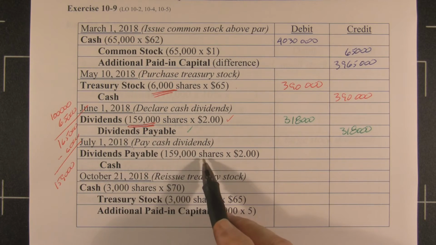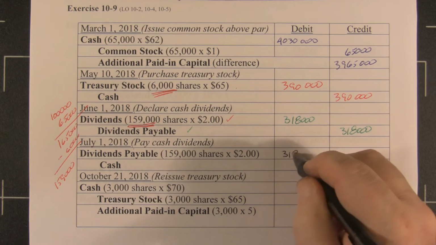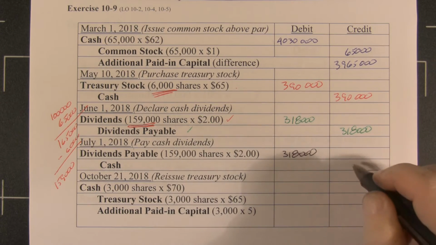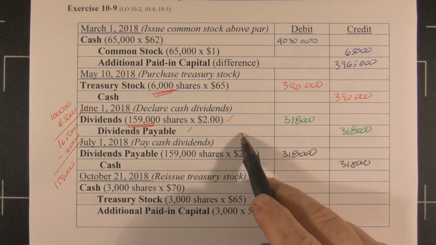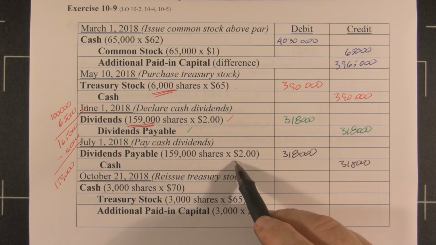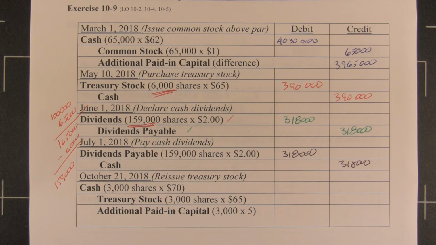So on July 1st, we're going to debit our dividends payable and credit our cash. Remember, when we recognized the dividend, we created a dividends payable, and when we pay it, we liquidate the dividends payable. We've already handled the dividends.